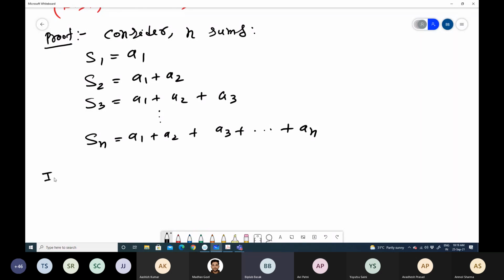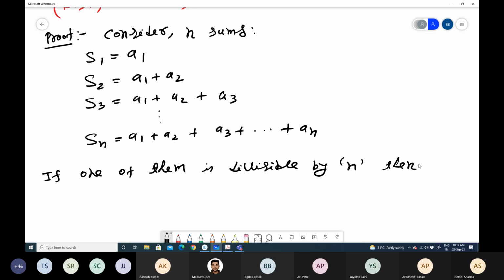Now if one of them is divisible by n, then we are done. Suppose S3 is divisible by n.